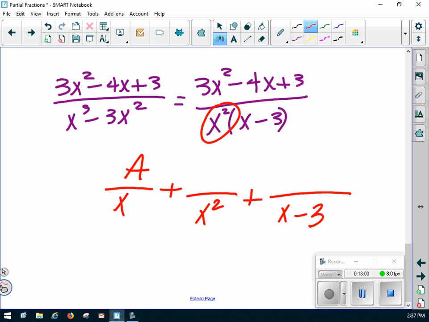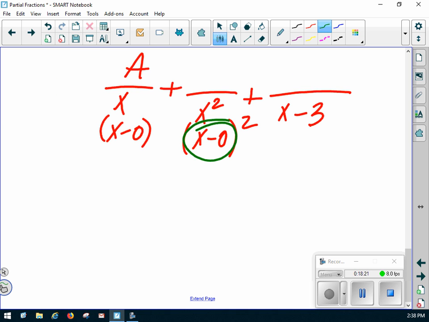Be careful. It's not linear. Because you are thinking of it like it's something like x minus 0. And this factor right here is linear. So that numerator will be a constant. So this is going to be b, and this is going to be c.